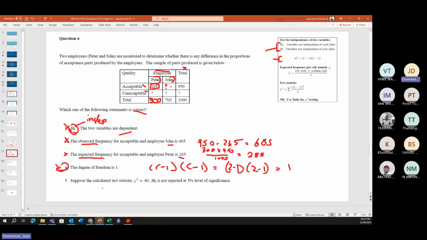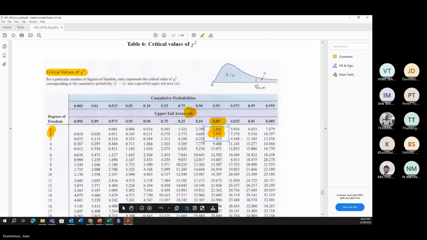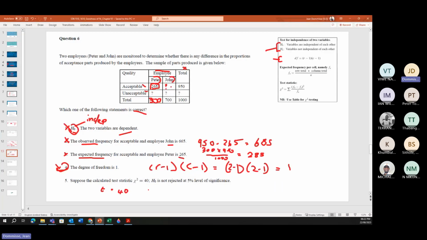Let's quickly see your t-stat. They say it's 40. The critical value, and let's just see for 5%, we know it's degrees of freedom 1.